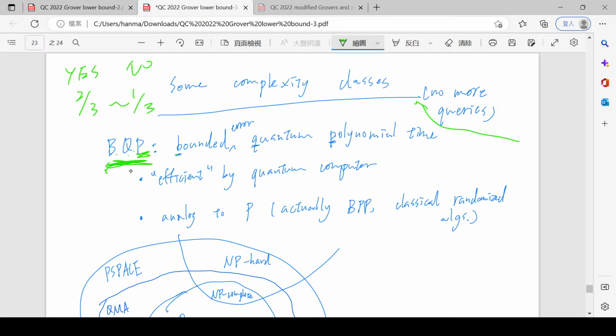As we said, this is the class of problems that can be efficiently solved by a quantum computer. In detail, these are decision problems, because we talk about yes instances and no instances. It's an analog to P, actually more like the classical randomized version. There is also BPP, which is bounded error probabilistic polynomial time.